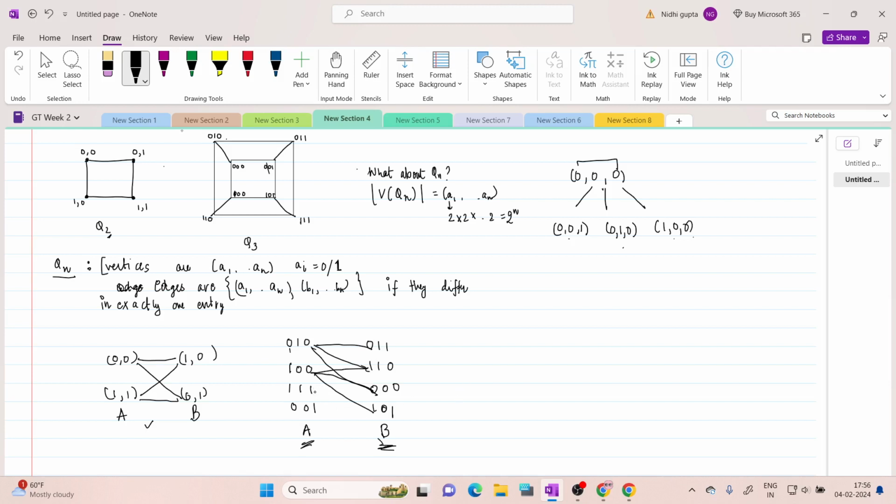So we see that this is a bipartite graph because there is no edge within a set. Now 1 1 1 is connected to 1 1 0, 0 1 1, and 1 0 1. And 0 0 1 is connected to 0 0 0, 0 1 1, and 1 0 1.